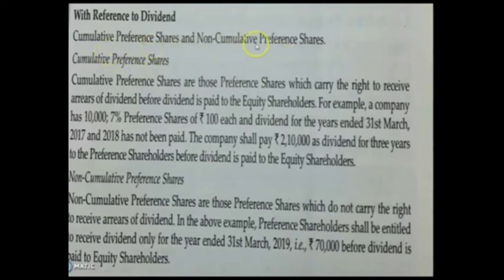Cumulative preference shares carry the right to receive the arrears of dividend before dividend is paid to the equity shareholders. Arrears means that if in any year the company is unable to pay the dividend to the shareholders, it is known as arrears. The preference shareholders will get the accumulated arrears before it is paid to equity shareholders.